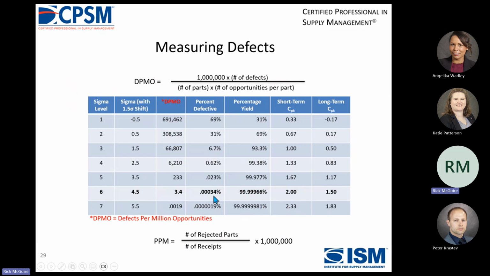This is percentage defective. Even at 6 sigma, you've got way less than 1%. But you always strive for a Cpk of 2. Minimum Cpk of 1.33, which is 4 sigma, but that still leaves you with almost more than half a percent defective.